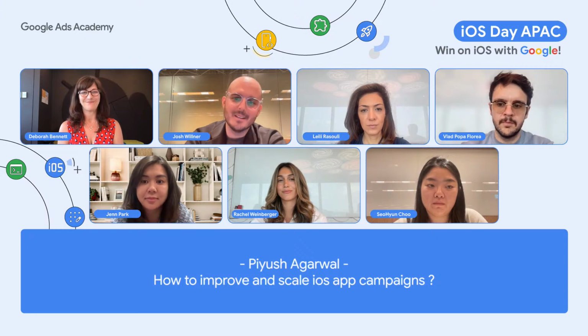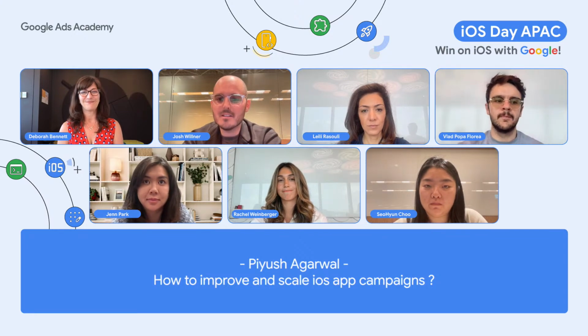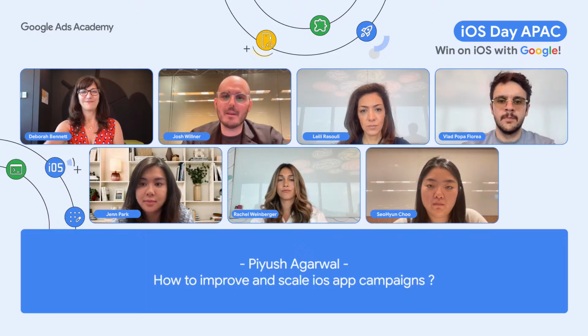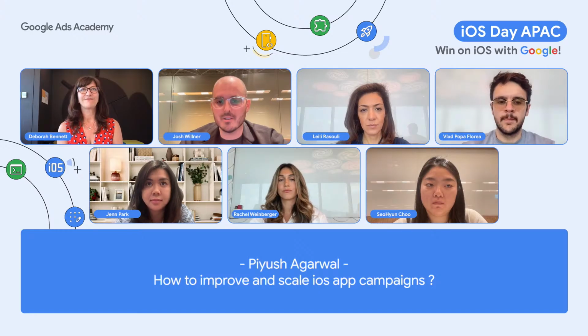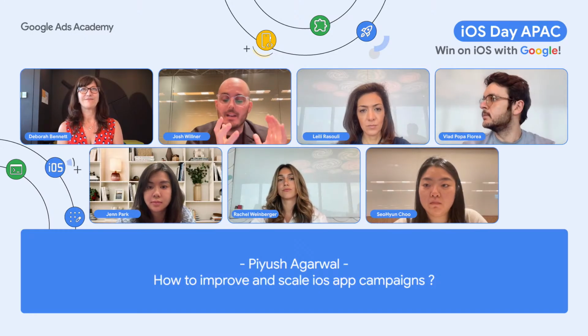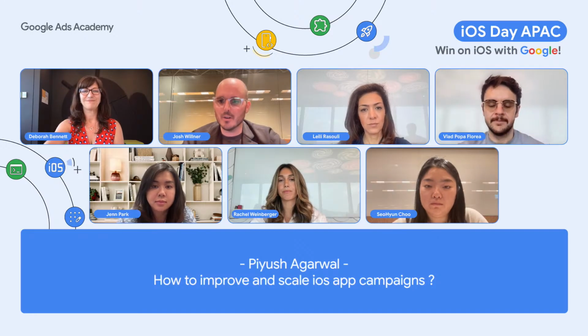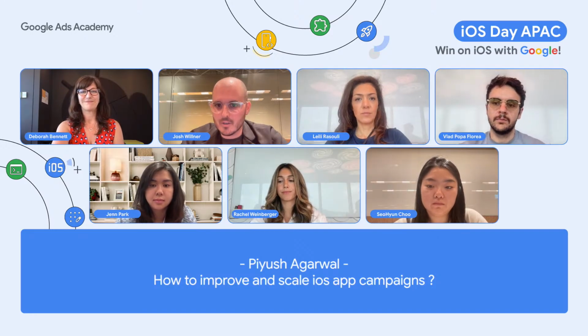Thanks, Deborah. Yeah, I think Rachel touched on this a bit in her section, but I think about improving iOS app campaigns in a couple of dimensions. The first of which is, as you heard from Rachel, our systems really need event level conversion information to achieve your goal.